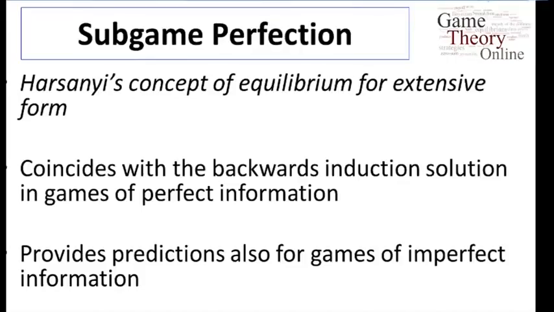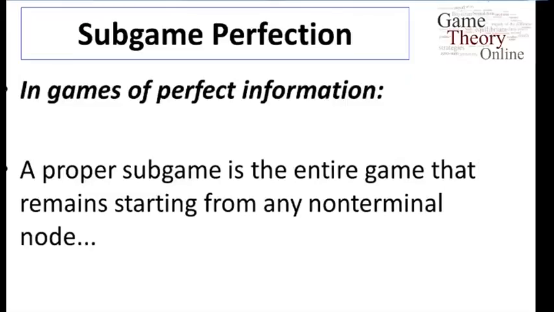But it also works in a different way than backward induction. So backward induction will be a way of finding subgame perfect equilibria in games of perfect information, but more generally, subgame perfection is a different way of defining that. In particular, what we first have to do is define what it means to talk about subgames. So what's a subgame?